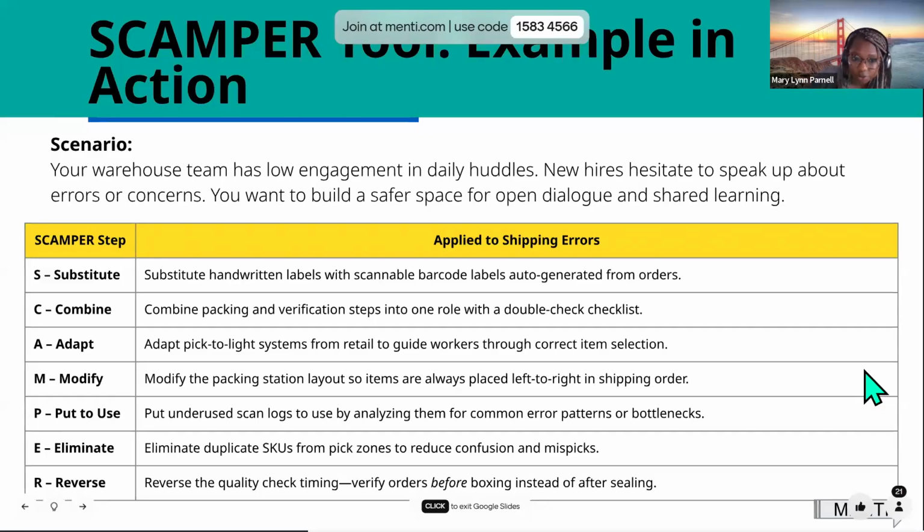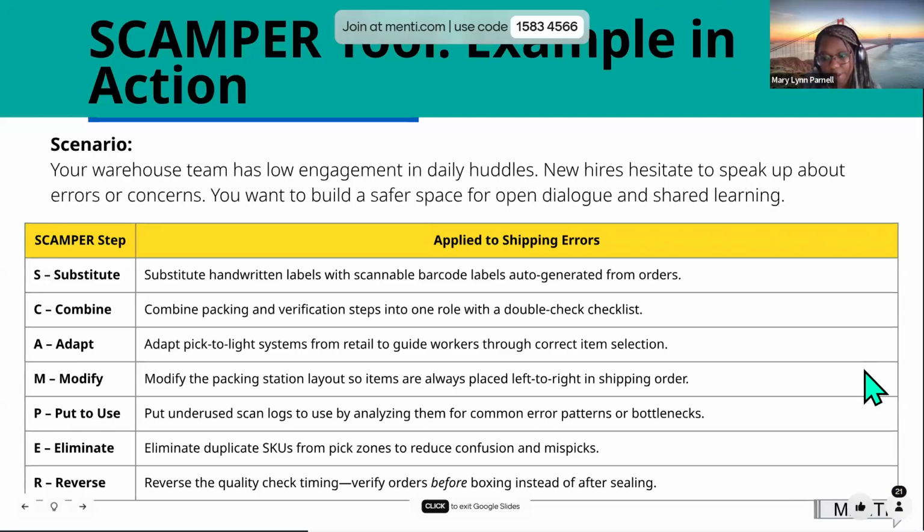We can put underused scan logs to use by analyzing them for common error patterns or bottlenecks. What can we eliminate? We can eliminate similar SKUs from pick zones to reduce confusion and mispicks. What can we reverse? We can reverse the quality check timing. We can verify orders before boxing instead of after sealing.